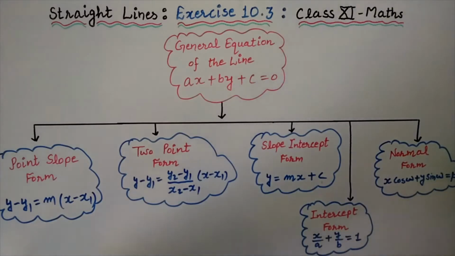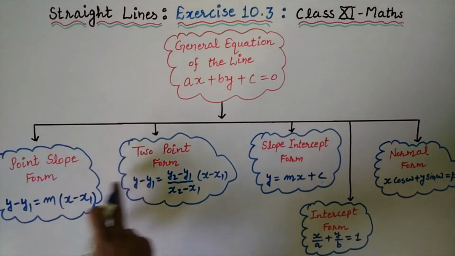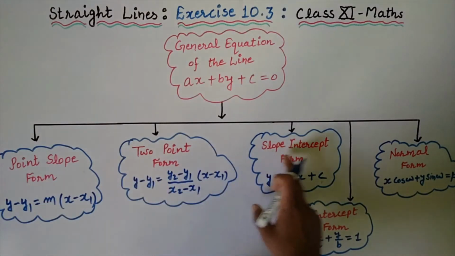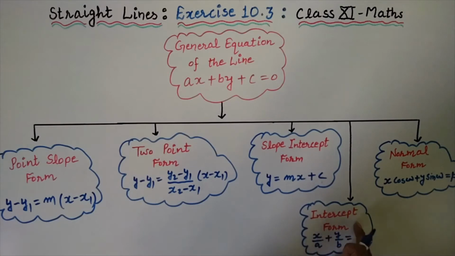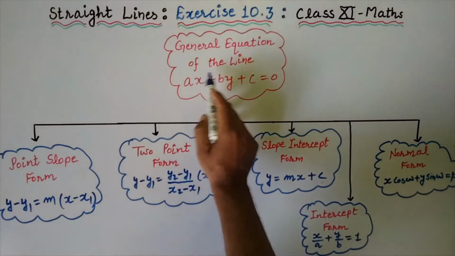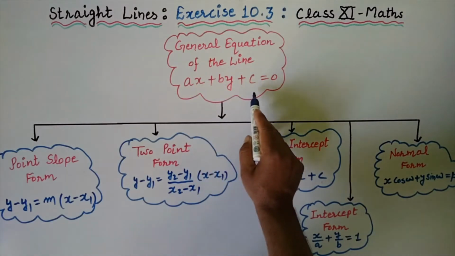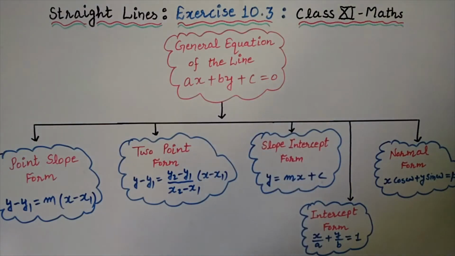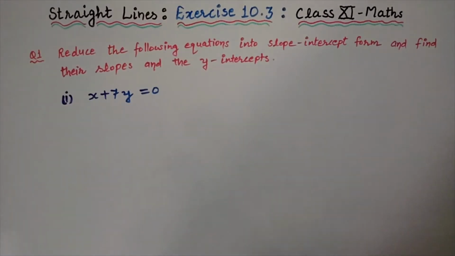So this way we have the various forms: point slope form, 2 point form, slope intercept form, and normal form. From the general equation of the line ax plus by plus c is equal to 0, we shall reduce all these forms one by one. So let us proceed now towards the exercise.